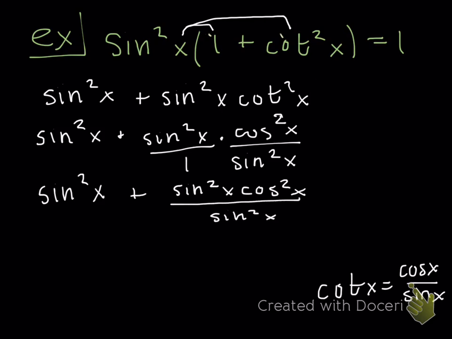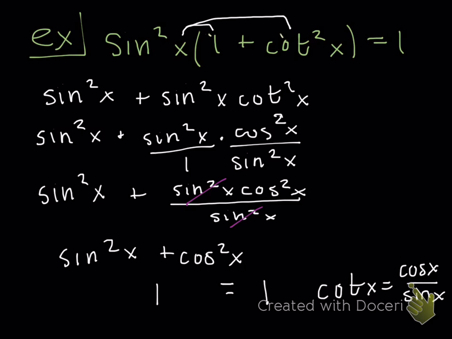Notice I have a sine squared on the top and the bottom, so they're going to cancel out. Now I'm at sine squared of x plus cosine squared of x, and I know that is equal to 1 using my Pythagorean identities. So I've now proved this theorem.